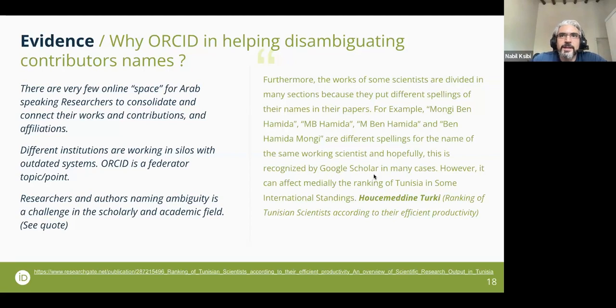If I cannot find a middle name field, I would just go with Nabil Ksibi, and that's creating some ambiguity when discovering my work or my contribution, and that's basically what this example is telling.